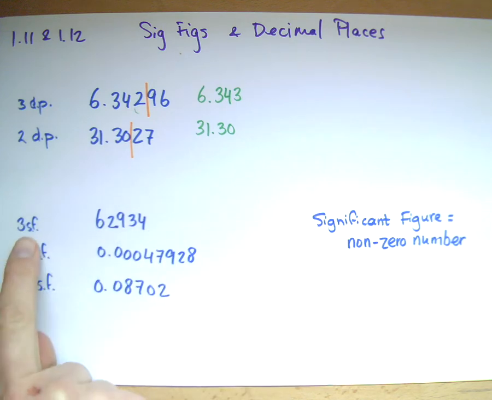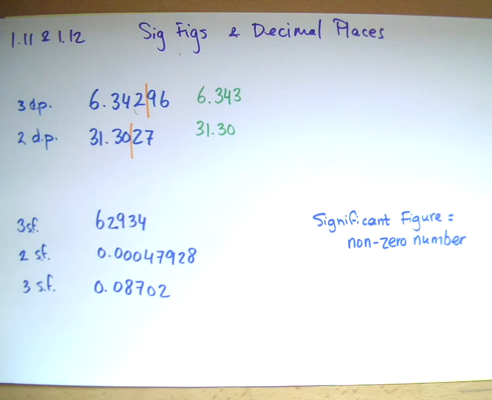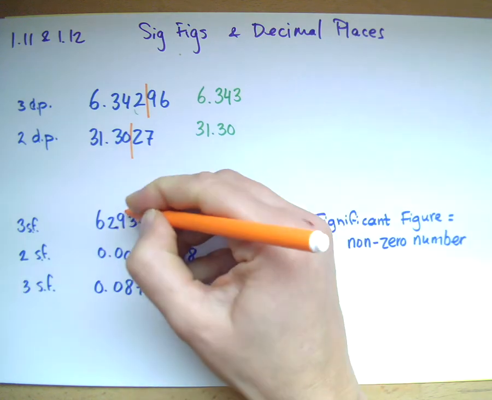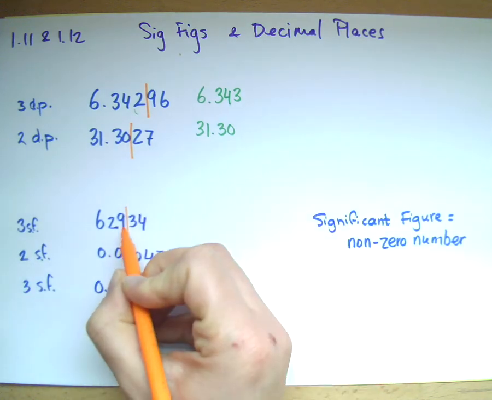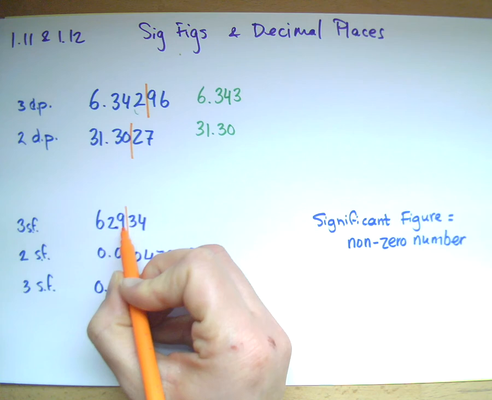Say they want us to write this with 3 significant figures. Well, we start on the left and we start counting when we hit a significant figure, so a non-zero. This is our first one. 1, 2, 3. So this is the last significant figure that we're allowed to have.